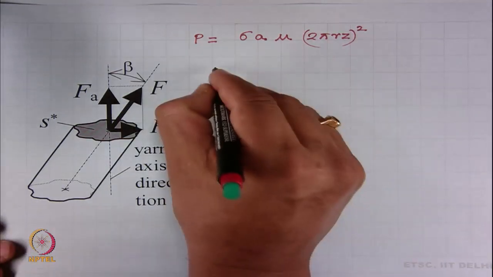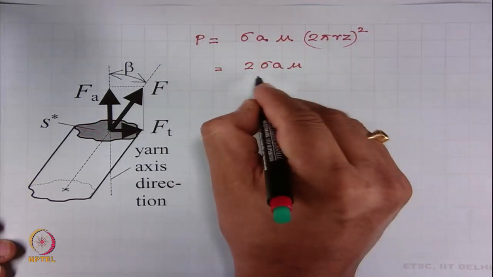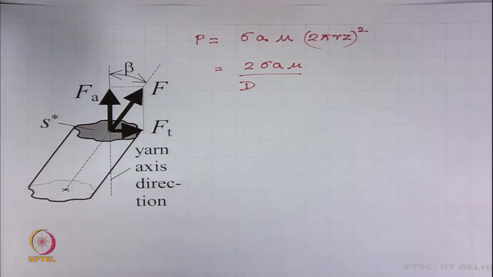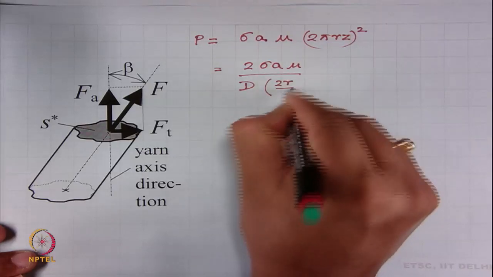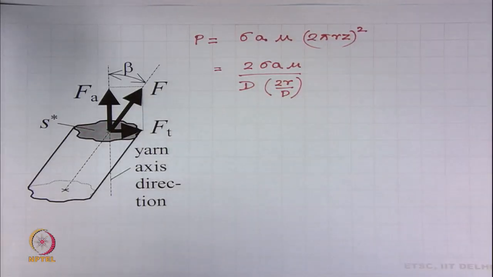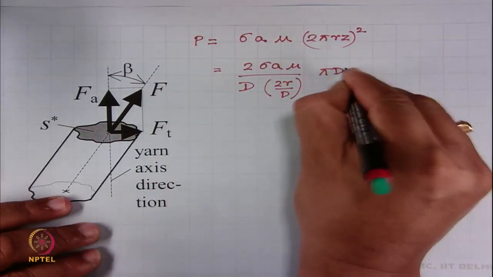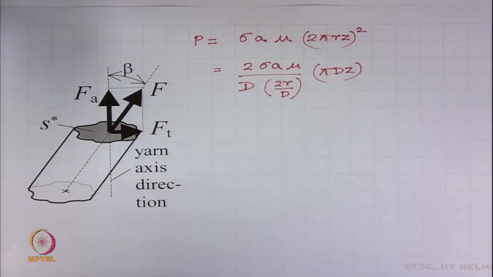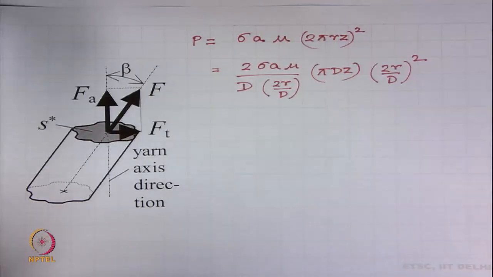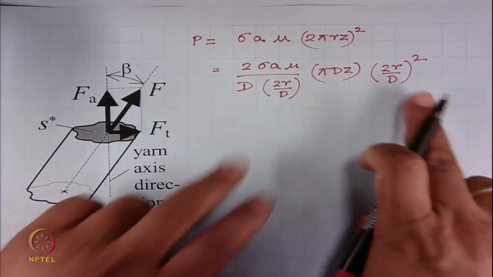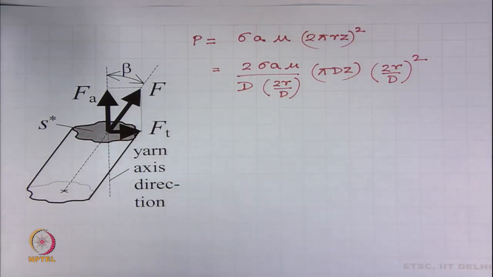Let us write it in this manner: 2 sigma a mu by d into 2 r by d, that means this cancels out, into pi d z, this into 2 r by d squared.